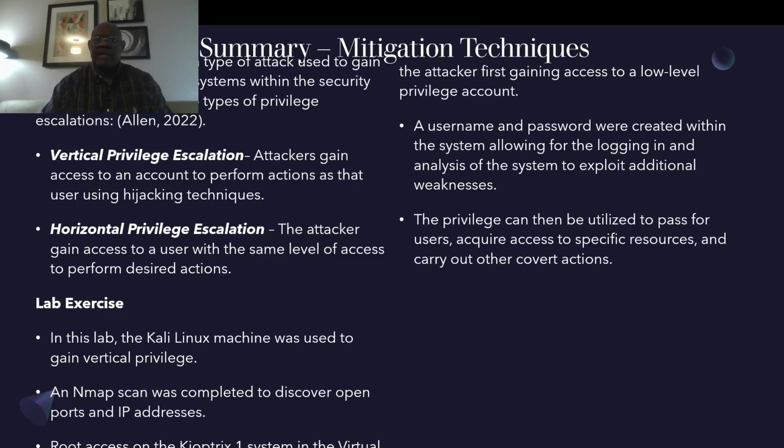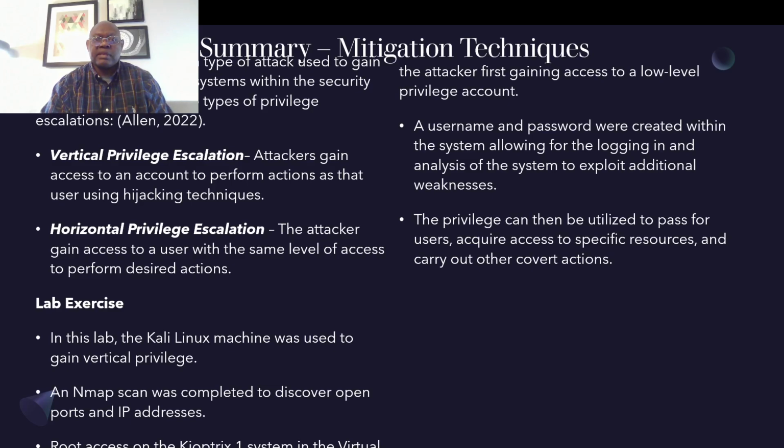A summary of the mitigation technique. Privilege escalation is a type of attack used to gain unauthorized access to systems within the security perimeter. There are two types of privilege escalation: vertical privilege escalation and horizontal privilege escalation.